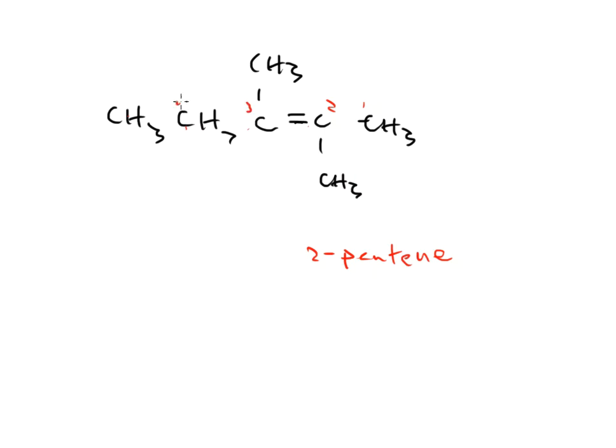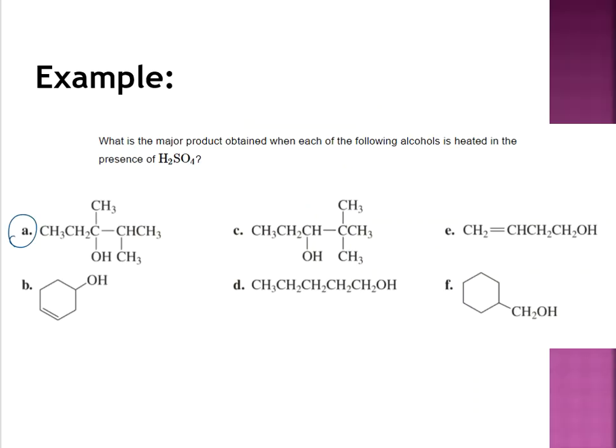Carbon 2, carbon 3, carbon 4, carbon 5. Well, on carbon number 2, I also have this methyl group. And on carbon number 3, I also have a methyl group. So in the front of this, I need to put 2, 3, and then di, because there's 2 of them, methyl. 2,3-dimethyl-2-pentene. That is the structure that we end up with from the elimination of that alcohol.